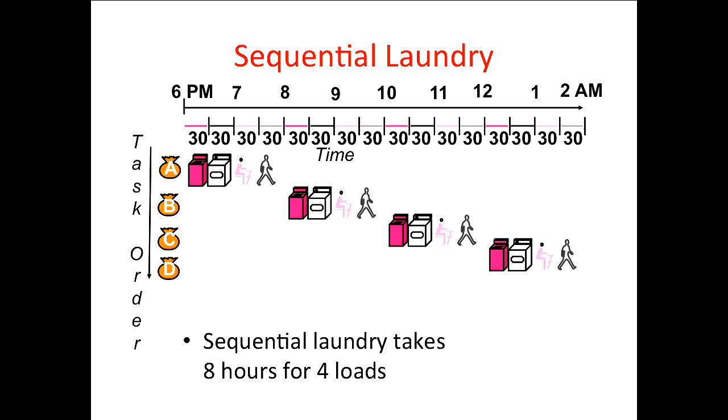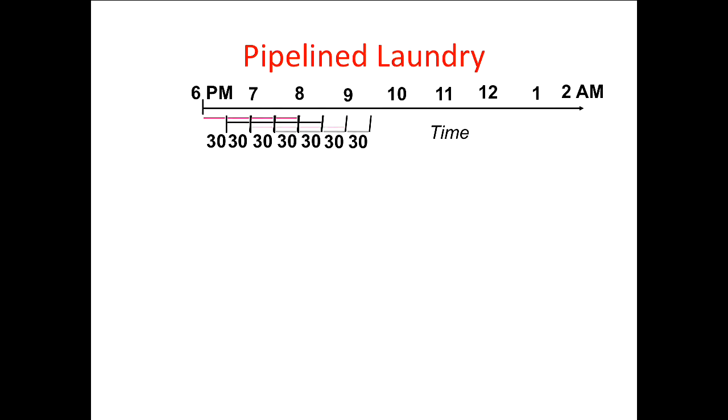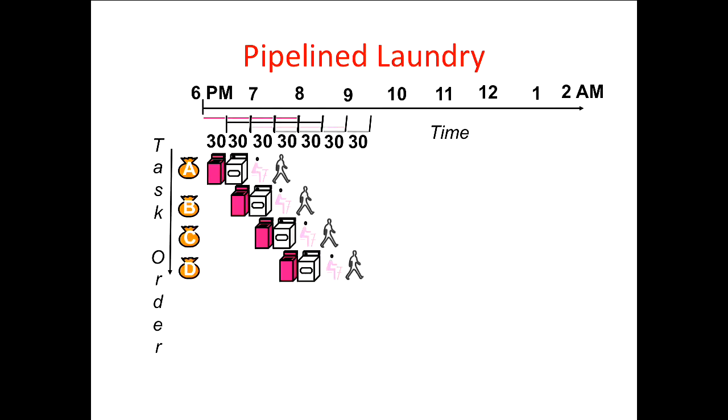Now, obviously, if you've ever been to a laundrette with more than one batch of laundry, you figure out, I can do this much faster than this. I can pipeline my laundry. Or if in your apartment where you live, there's only one of each. You figure, well, while one person is doing the wash and then moves their stuff into the dryer, the washer is now free. I can put the next load into the washer, right? So while one load of laundry is in the dryer, the next load of laundry is already in the washer.